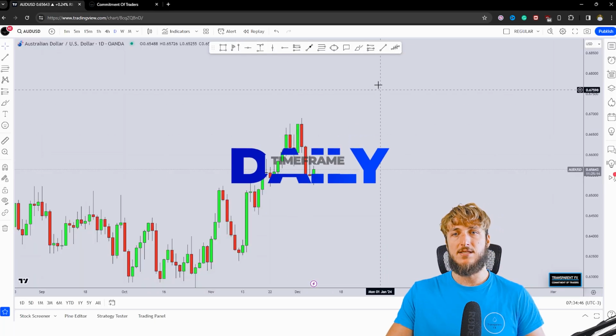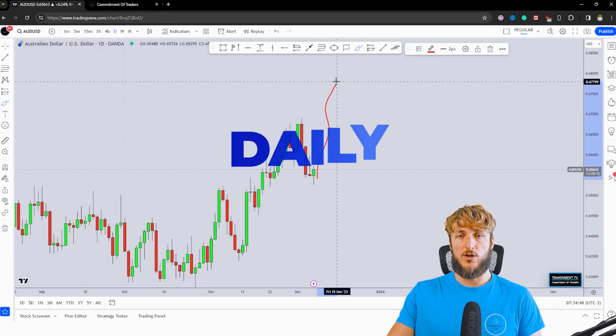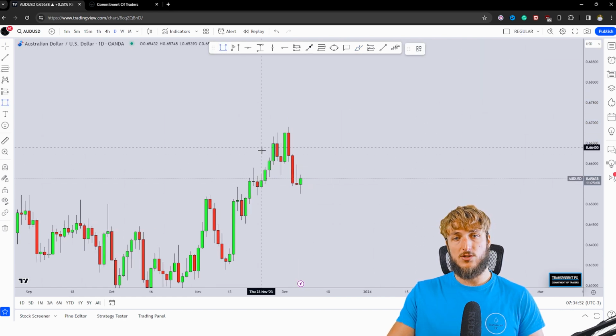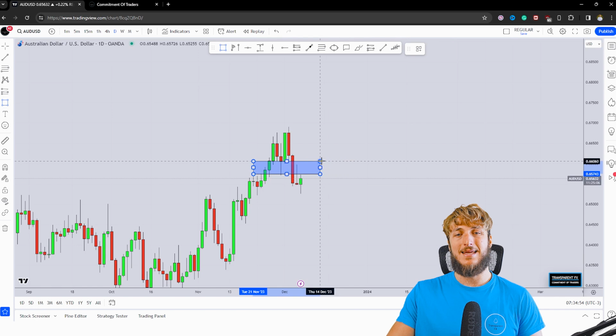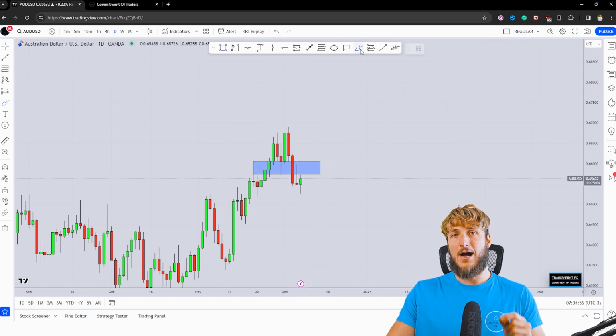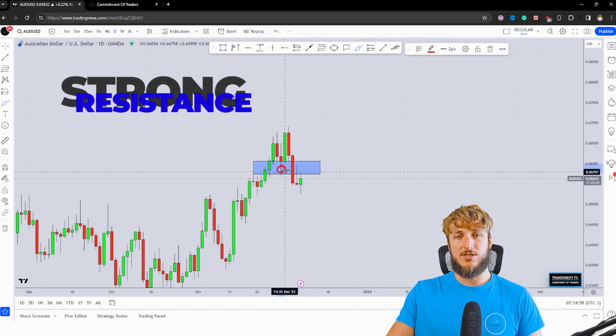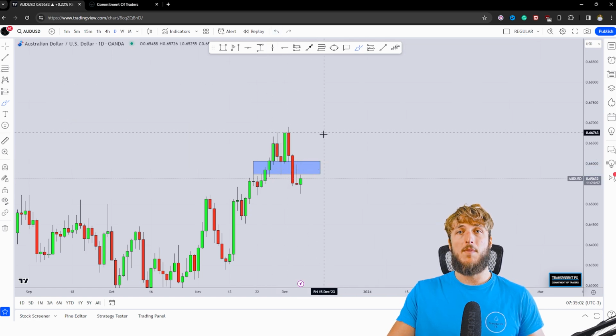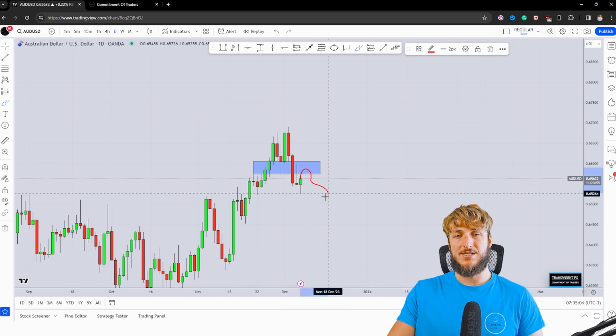Now, this means that we could expect more bullish continuation away from this area. However, we must notice how at the moment the market is still below a quite strong level of previous daily support turn resistance here. Now, until the market remains below this previous support turn resistance, it can easily be rejected to the downside.